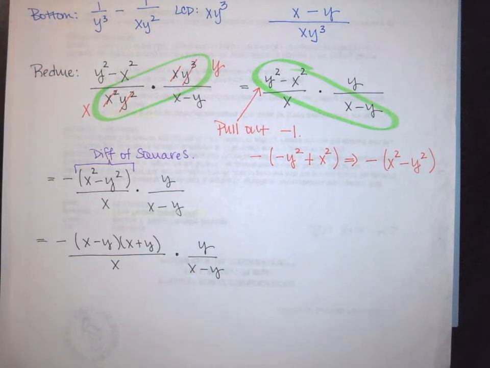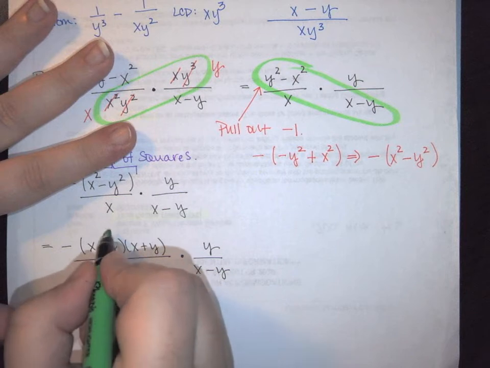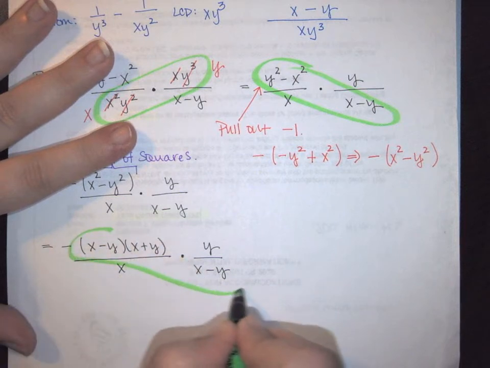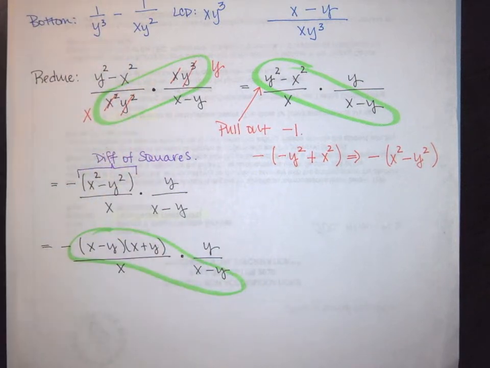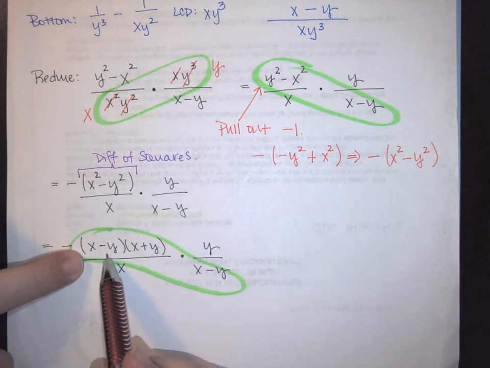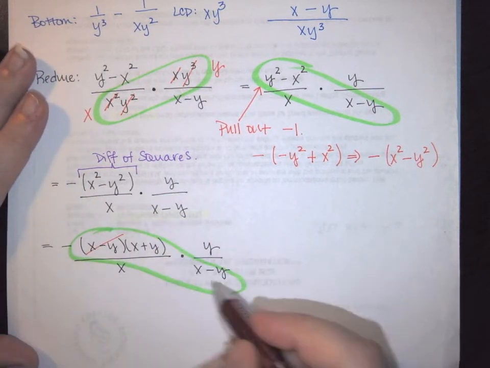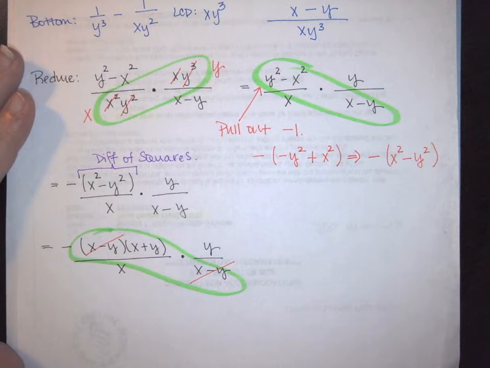If we go back once again to looking specifically at this diagonal, one of the things that you should notice is that I have an (x minus y) on top and an (x minus y) on the bottom.